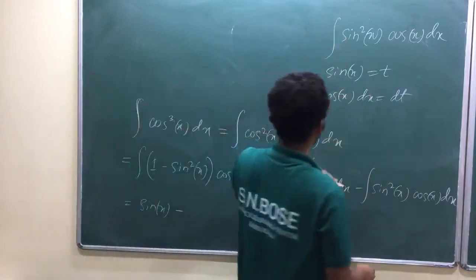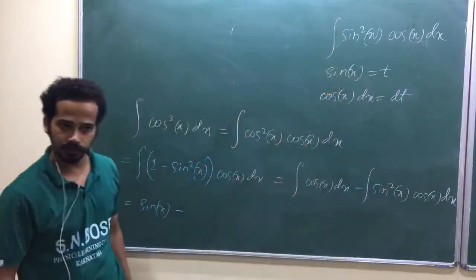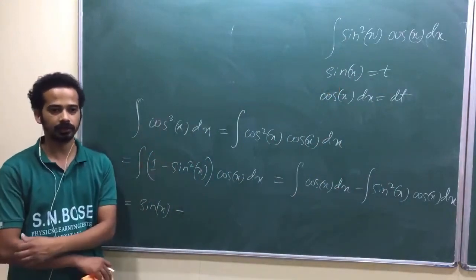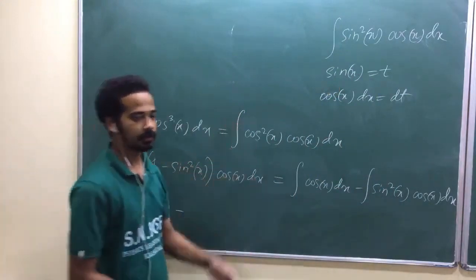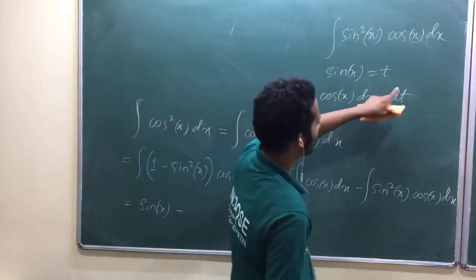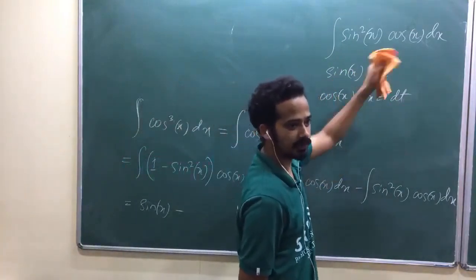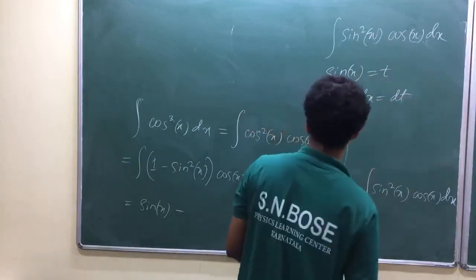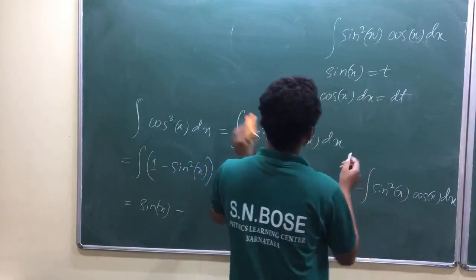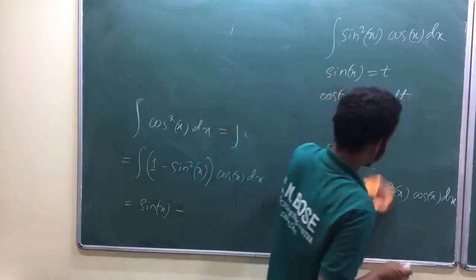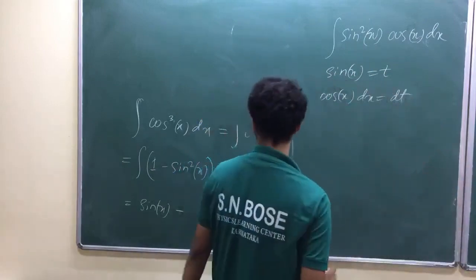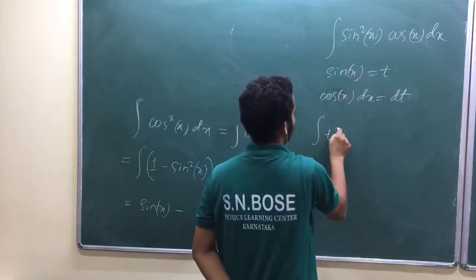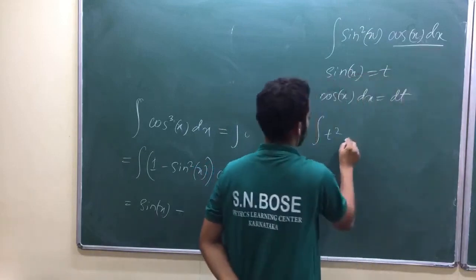Now if you substitute, actually if it is a definite integral, you should change the limit also. Since it is indefinite, I can change the variable, then resubstitute and write in terms of x only later, isn't it? So what will happen if I do this kind of substitution? Integral of t square into cos x dx is dt.